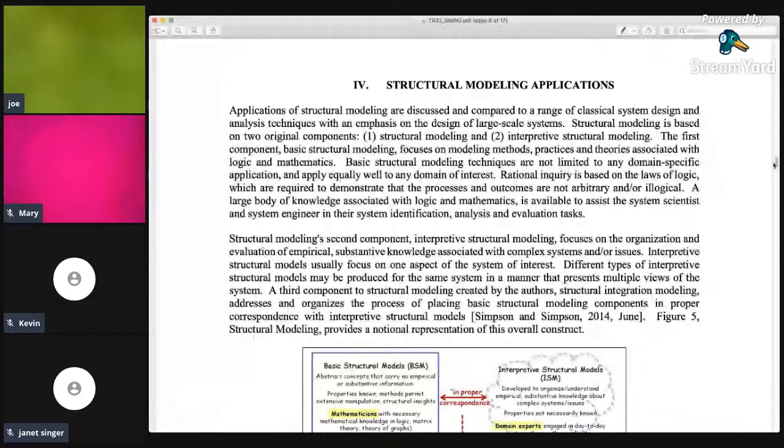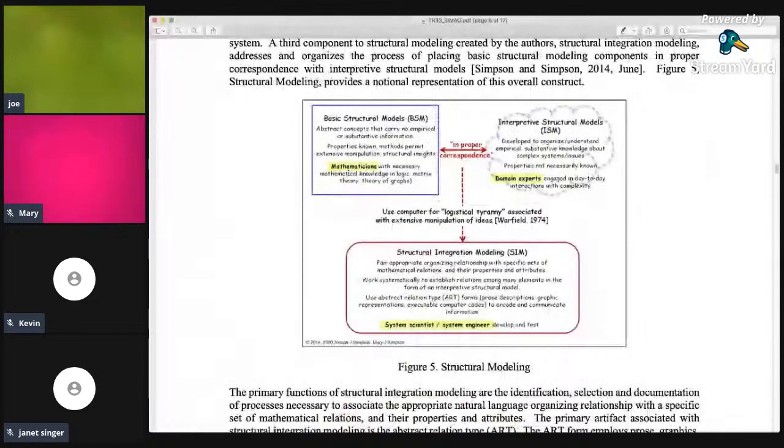And then, of course, we have the structural modeling applications, where we had the basic structural models and interpretive structural models. These two were developed by Warfield. And then Mary and I added the structural integration modeling piece, where we bring those together. We pair the organizing relationships with specific sets of mathematical relations.